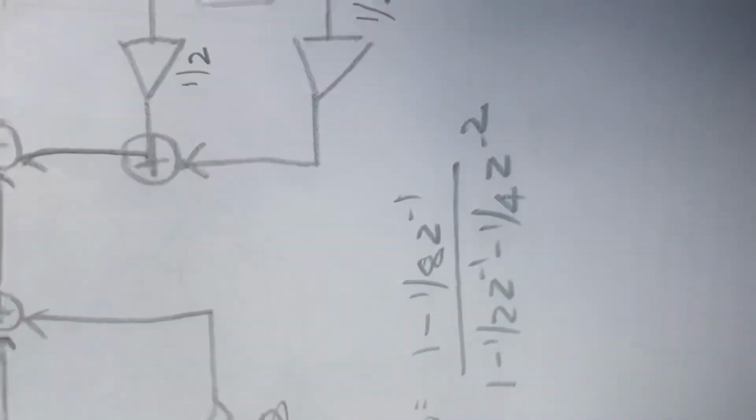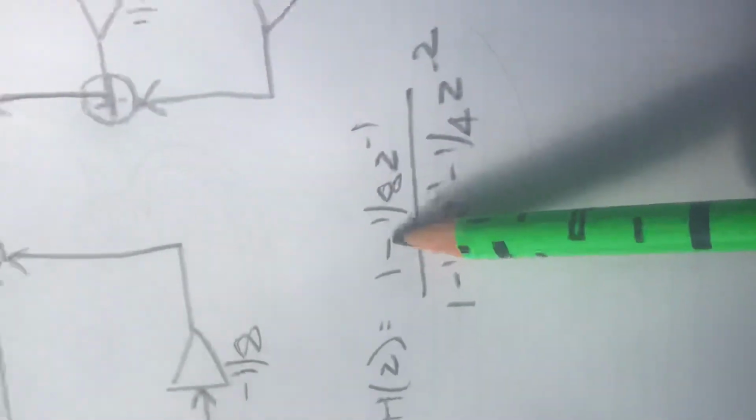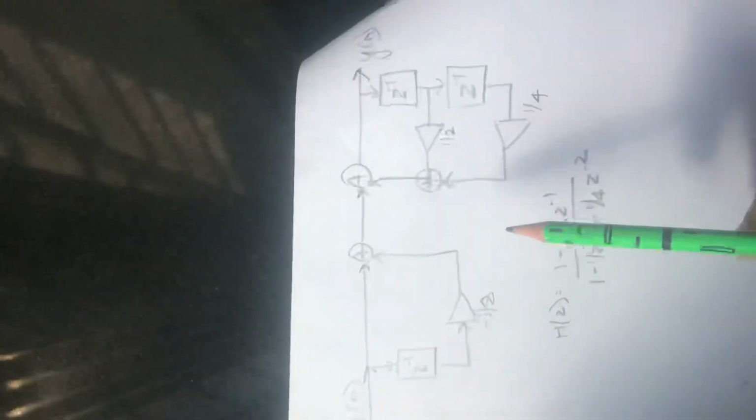The coefficients of these were half and 1 by 4. And the system response was H of z equal to 1 minus 1 by 8 z inverse upon 1 minus half z inverse minus 1 by 4 z raised to minus 2. So if this is the system response, this is the direct form 1 realization.